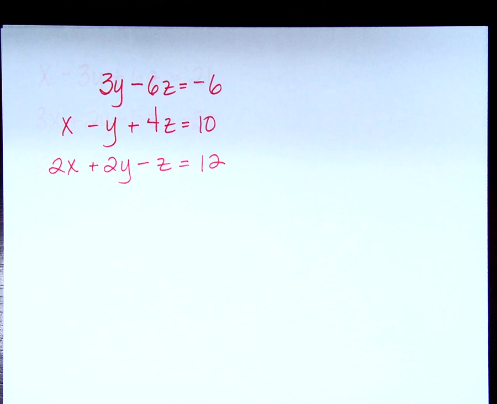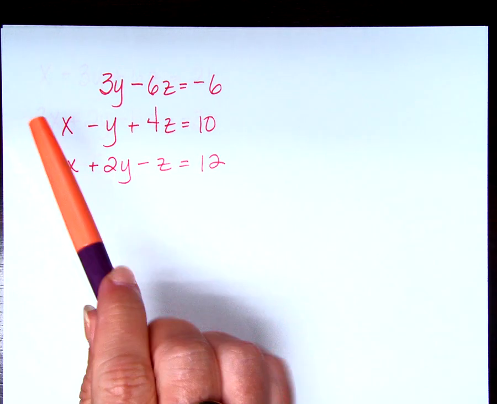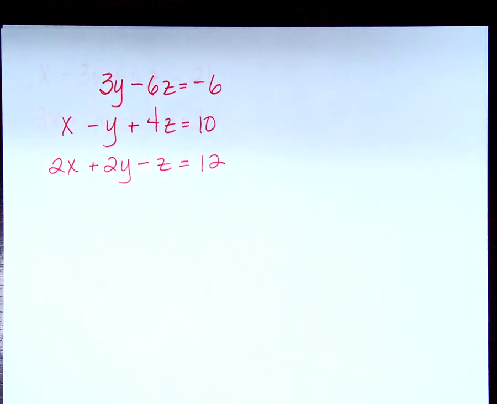I have x minus y plus 4z equals 10. And I have 2x plus 2y minus z equals 12. What do you notice, first of all? Yeah, the first equation doesn't have an x, does it? Okay, is that going to be helpful for us? Yes? It eventually will be helpful for us, okay?